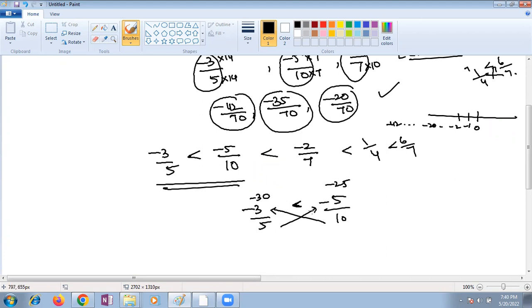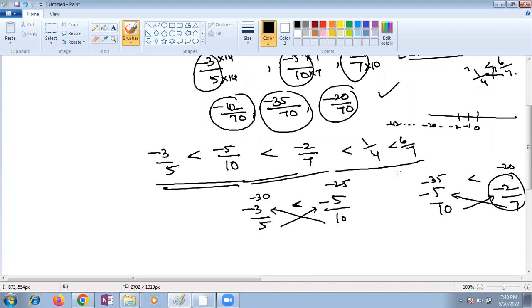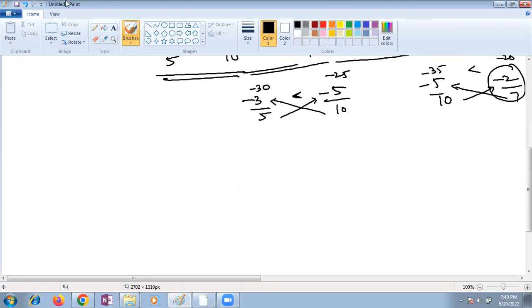So now I know that minus 5 by 10 and minus 2 by 7, by doing cross multiplication, minus 35 it is, and this is minus 20. That's why this is greater. Even within 1 minute you can do it. There are different ways you can simplify and give the answer. You can go with cross multiplication also.